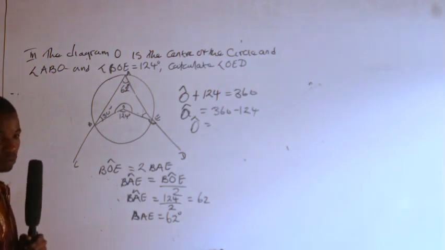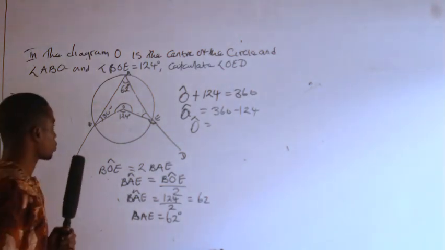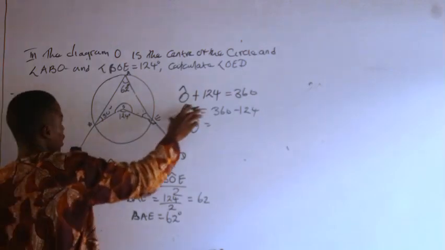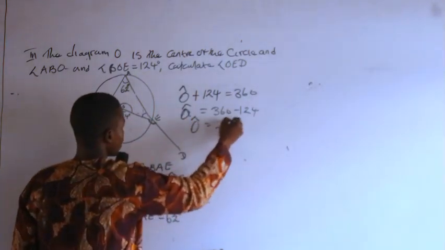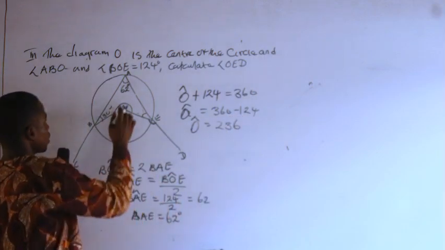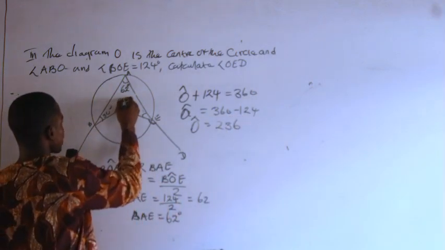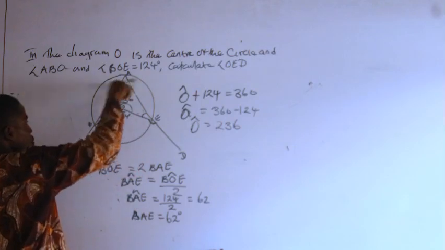Are you getting me now? Angle O is 236. Are you hearing me now? The angle of this place is 236.